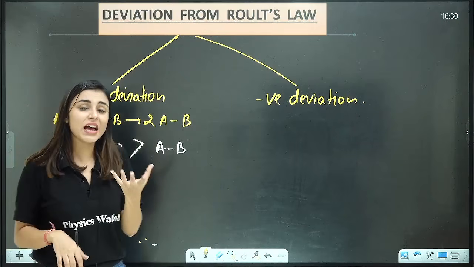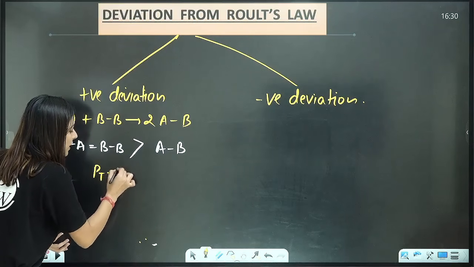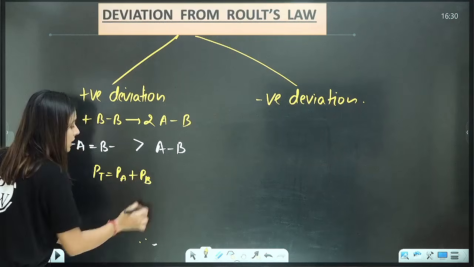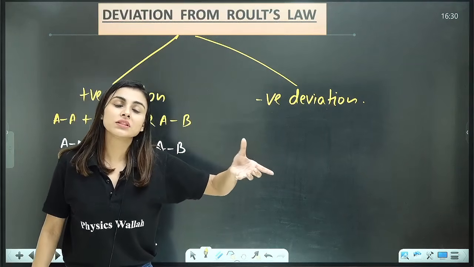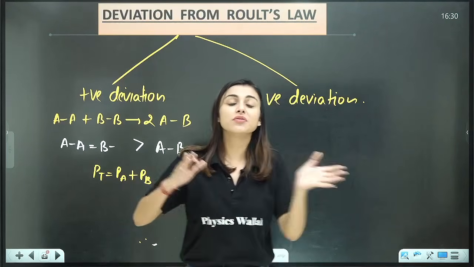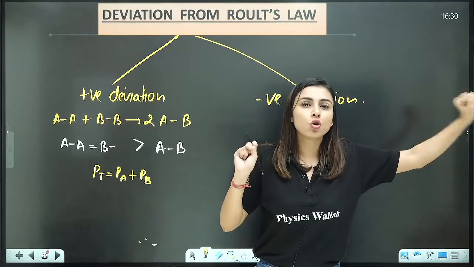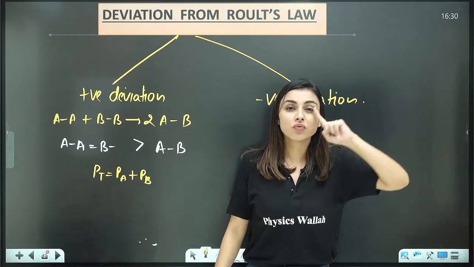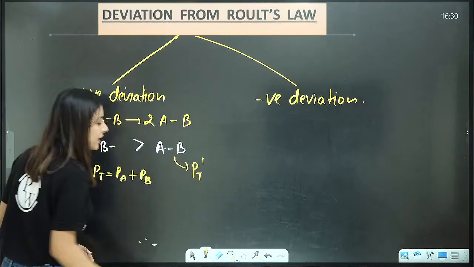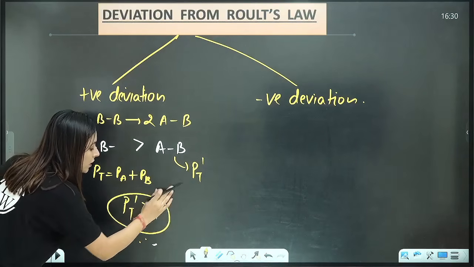So if I ask you for a solution, let us say that the total pressure was PA plus PB, right? Then for a positive deviation, what will happen? Now particles have more possibility of going outside after mixing. Why? Because first their interactions were strong, they were very close to each other, but later they can go anywhere because their interactions are weak. So if we say that here the pressure is P total dash and here the pressure is P total, then P dash will always be more than P total.